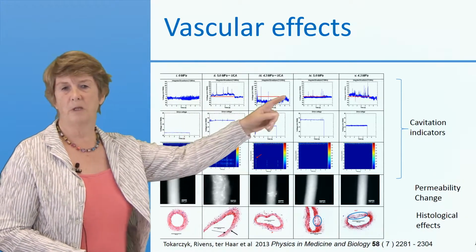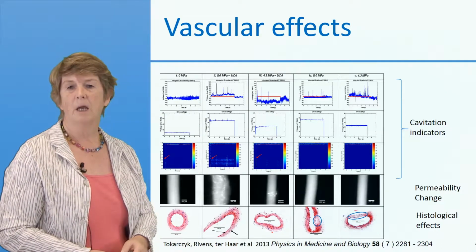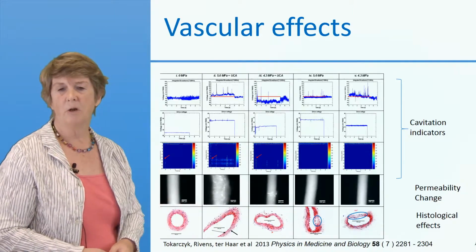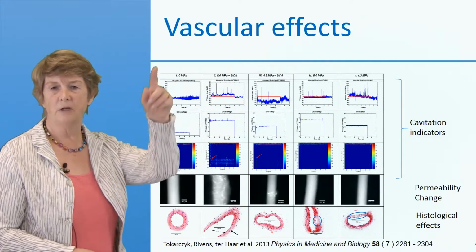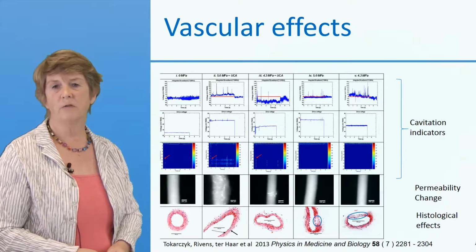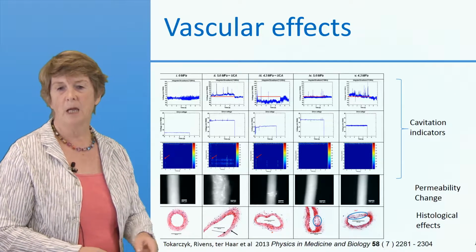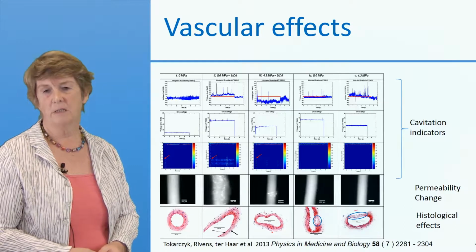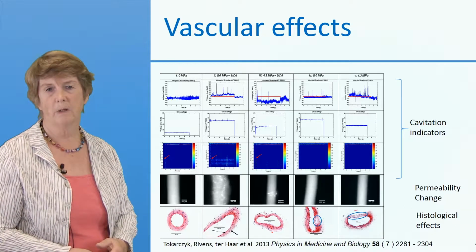Along the top you can see the measure of cavitation activity, and here you can see the images of the blood vessels under a microscope. In the first column you can see our control vessels, where there's obviously no ultrasound cavitation, and at the bottom you can see the histology, a very nice cross-section of a blood vessel with no damage.